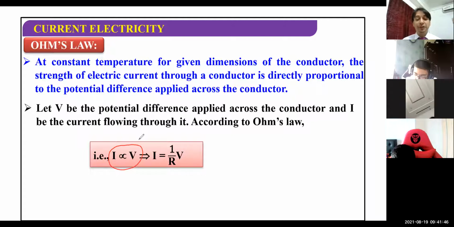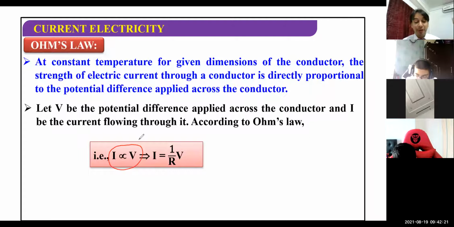This equation implies that if you increase the voltage, if you take a cell of 1.5 volt, and then a cell of 3 volt, 4 volt, more energy will flow per unit charge. That is the definition of the EMF, children. So as per Ohm, if you increase the voltage, the corresponding current also increases in the circuit.